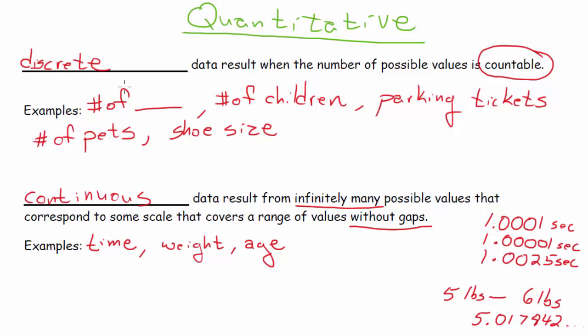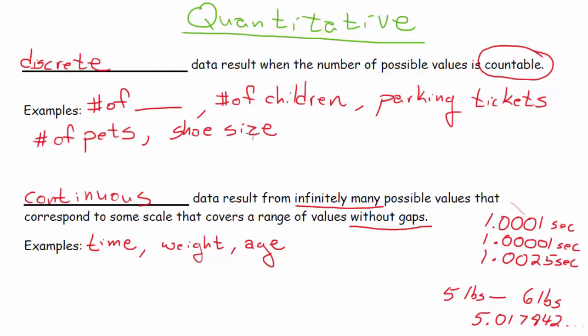Again, discrete here, there's going to be a countable number of options. So I can count how many parking tickets I get. Whereas I could not count all of the possible times. There are an infinite number of times here. Continuous, there are no gaps here in the possibilities for weight. Whereas there are gaps here for shoe size, right?